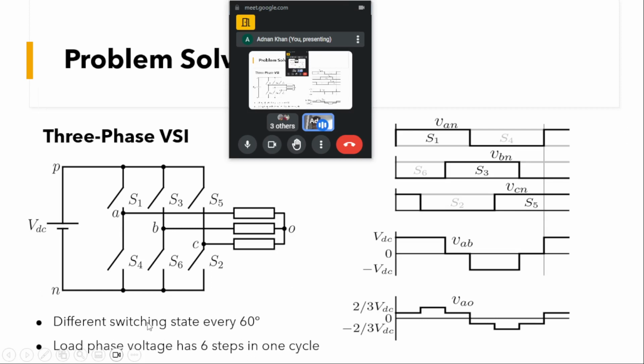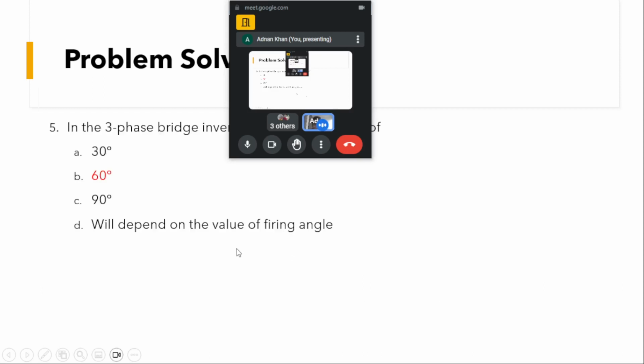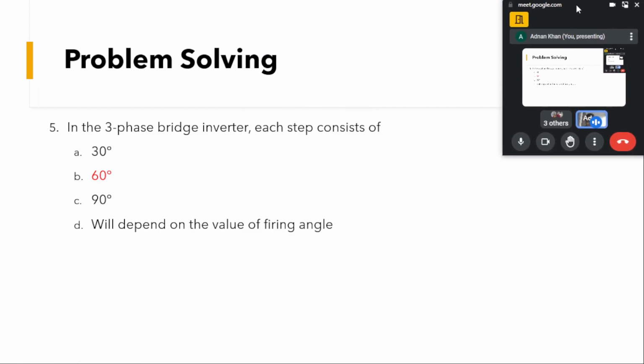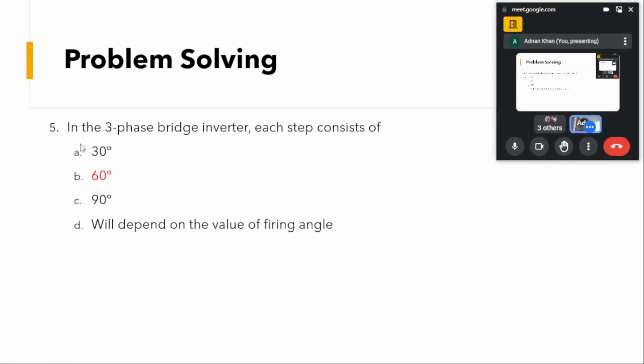So with the different switching states, the phase voltage will have 6 steps, like 1 step, 2, 3, 4, 5 and 6, and each step will be of 60 degree. So the correct option is B for this.